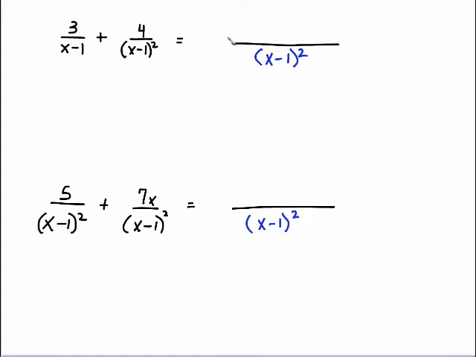Remember what we're doing. We are doing partial fraction decomposition. We are working backwards. We have this denominator with some random numerator on each of these. We're looking at the denominator. Each of the denominators says x minus 1 quantity squared. We don't know which situation produced this common denominator. Was it this, where it was x minus 1 and an x minus 1 squared?